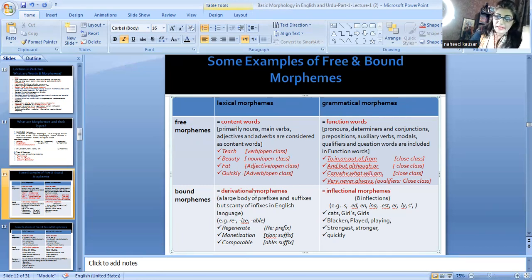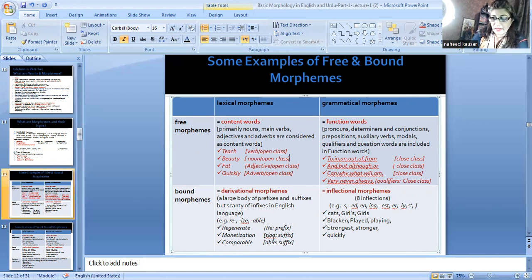The examples of derivational morphemes: see that I have given the example regenerate. The prefix re is used in this word generate by having the prefix at the beginning of the word. Similarly, another example, monetization.